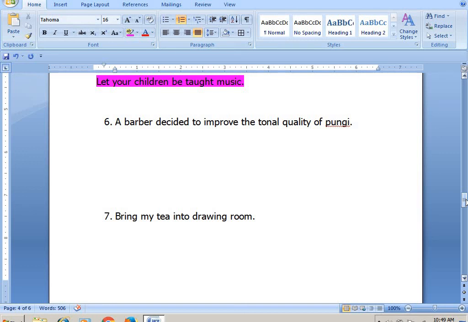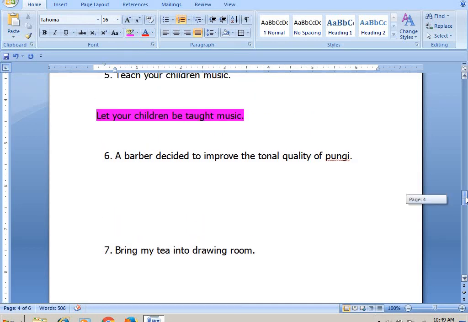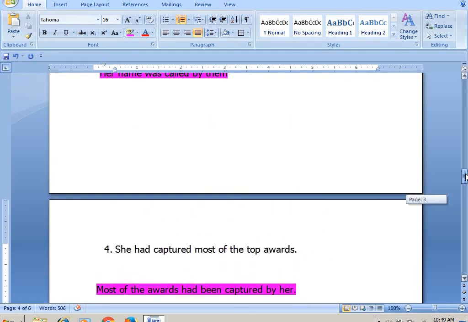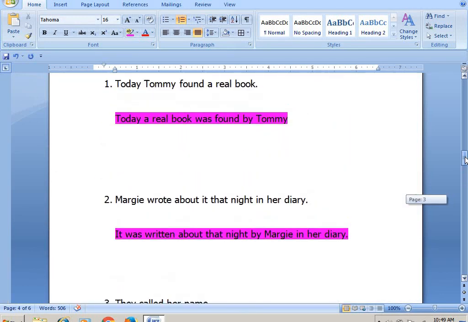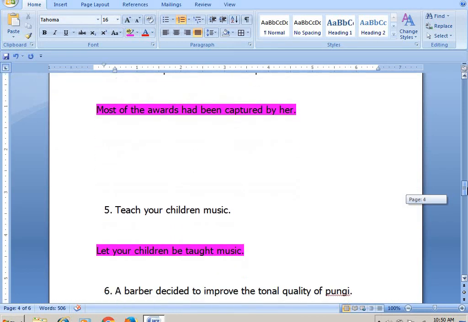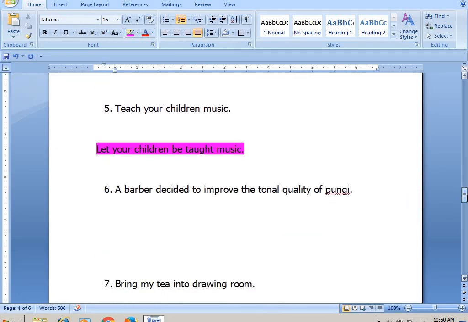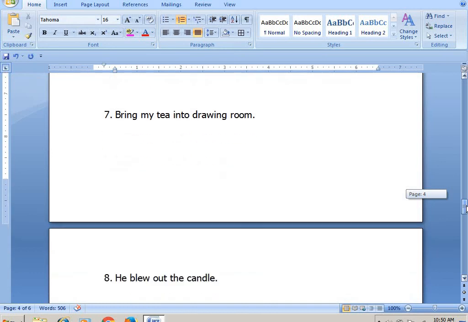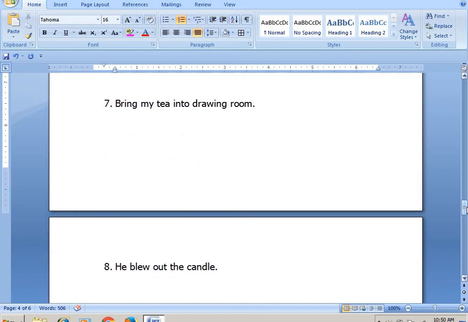Object becomes subject, subject becomes object, and we change the verb by using the past participle. I suppose you have understood it. You will do this. Look at these 3 answers. Your questions number 6, 7 and 8 are the homework.